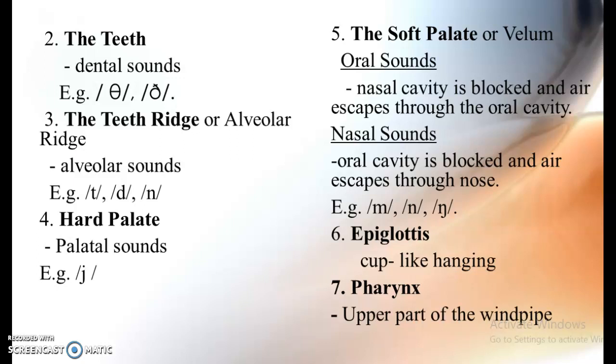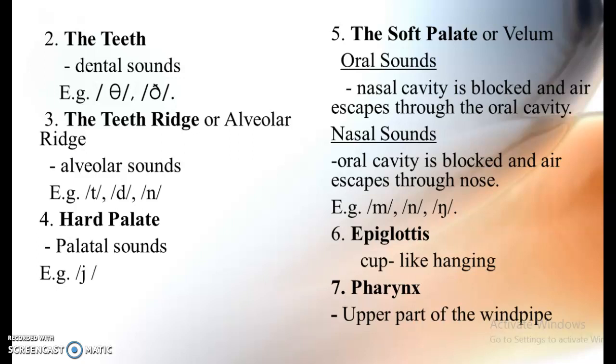Whereas, if the soft palate is kept lowered, the nasal cavity is opened and the airstream goes to the nasal cavity and escapes through the nose. Sounds formed in this manner we call nasal sounds. The closing and the opening of the nasal cavity by raising and lowering the soft palate is known as velic closing and velic opening.